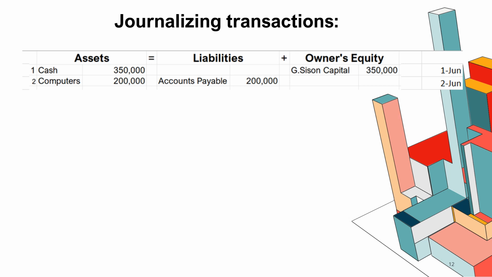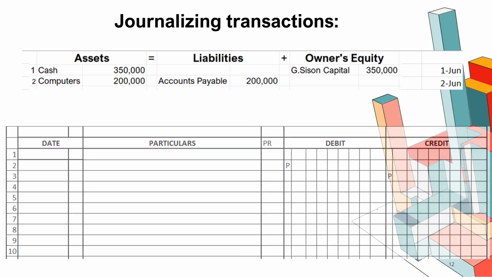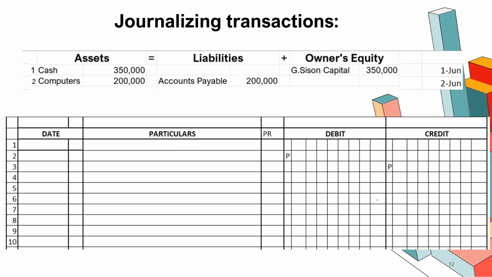Our task again is to record this in the journal, because this is not how we record transactions. This is the general journal, and this is how the general journal looks like. Again, we will just put these transactions in the journal.